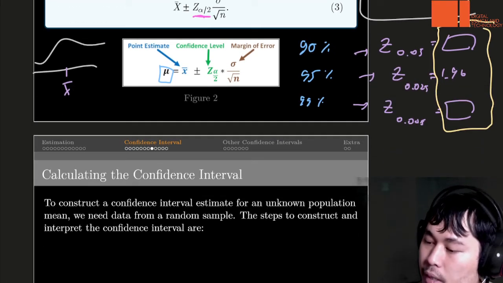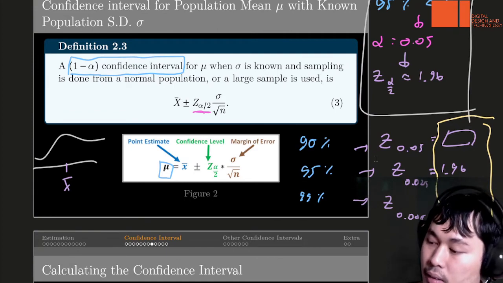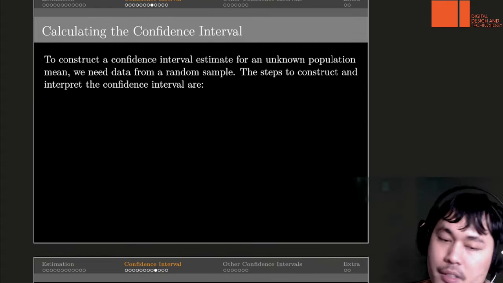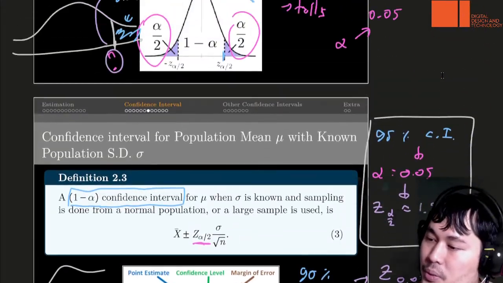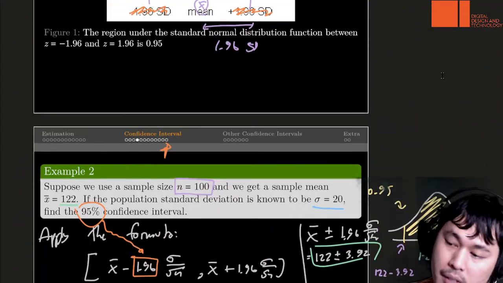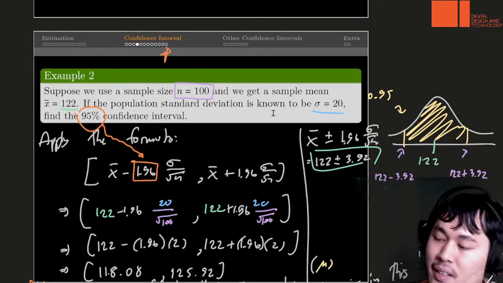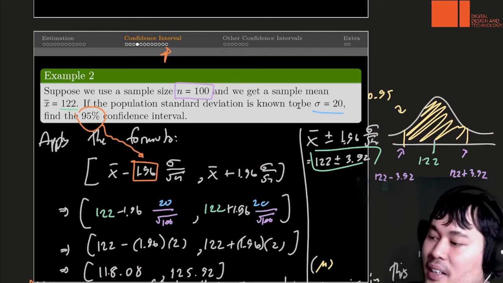So let's see how we can actually find this confidence interval in steps. There are several steps. For the first example up here, we simply have all the information and we have a single formula we can just plug in.